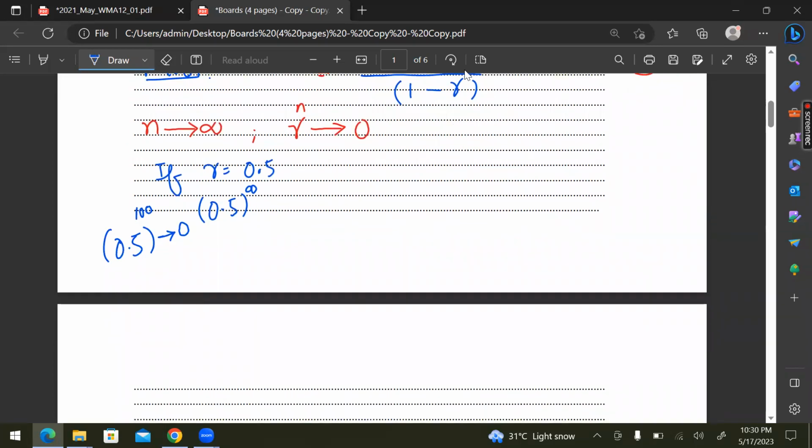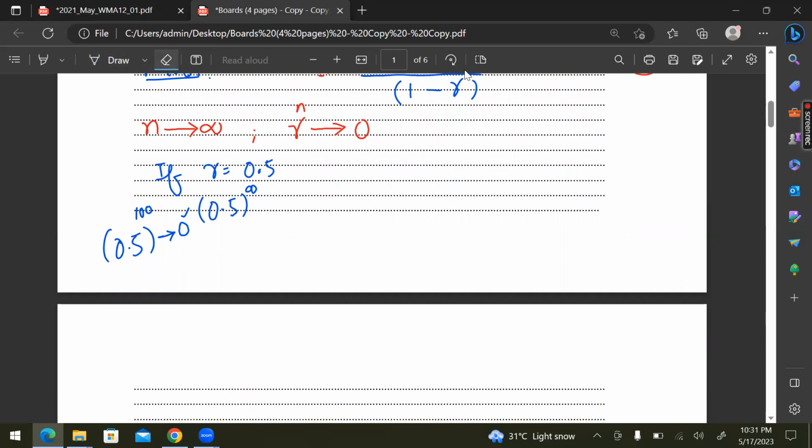If you use a calculator you can verify this. So this is approximately equal to 0, or you can say that this type of answer is approaching 0.